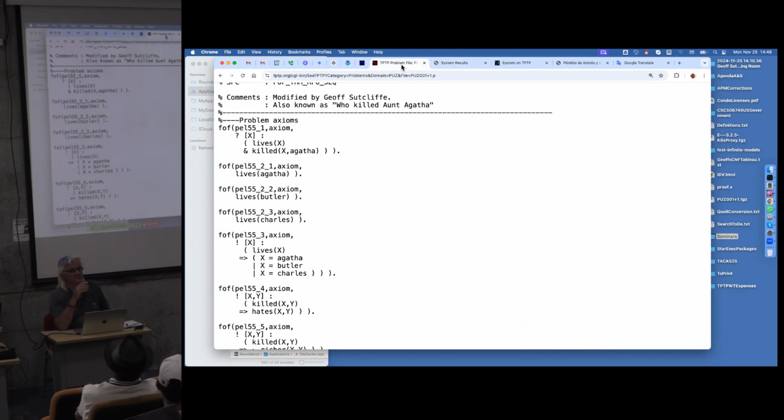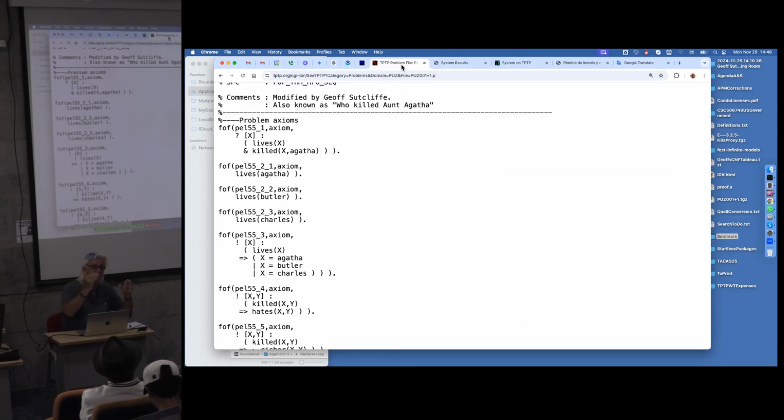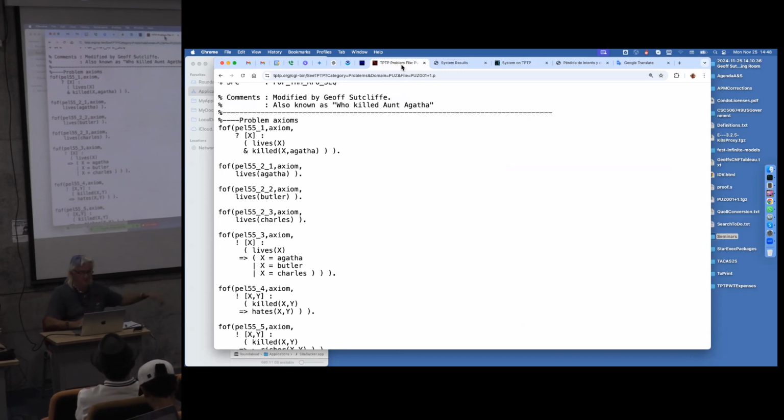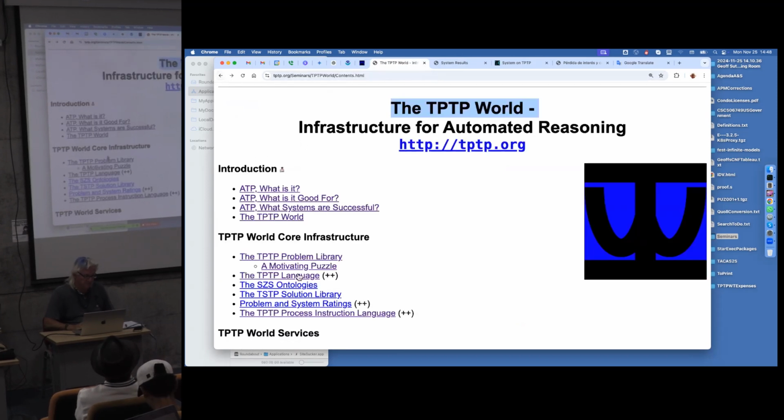So what we have is a language where you can write a problem and use the same language to write a solution. And that's convenient because we can then send the problem into one software, pipeline, next software, pipeline, pipeline. So we have pipelining of the software by using a common language.